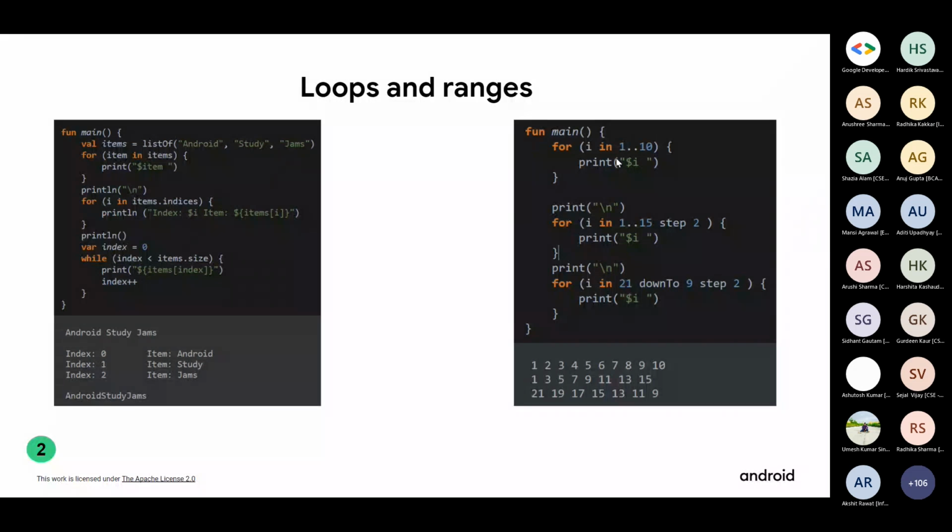We have used this type of loop, that is I in 0 to 2 we have defined. If we want to decrement or go backward, you can use downTo for declaring the range. So here it printed in the descending order.